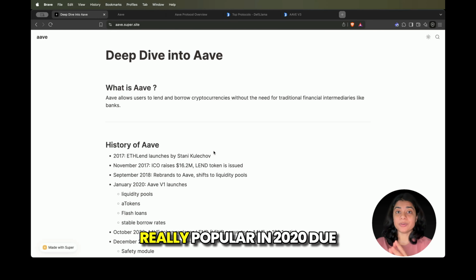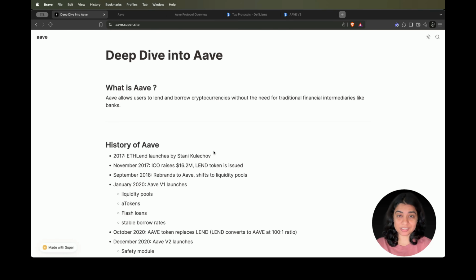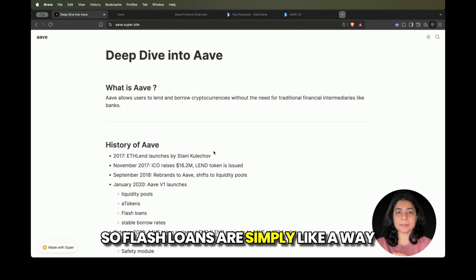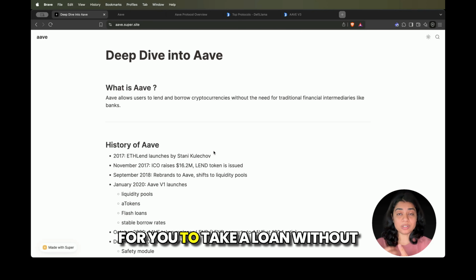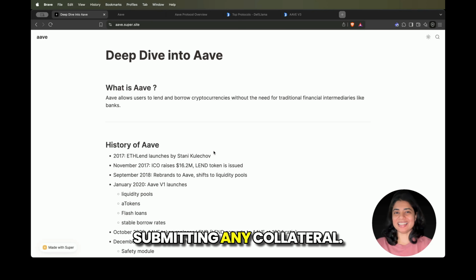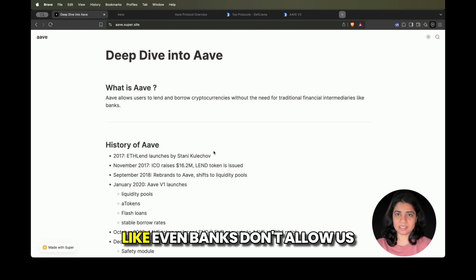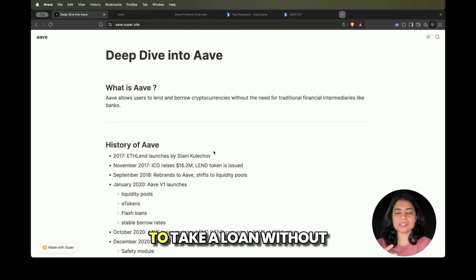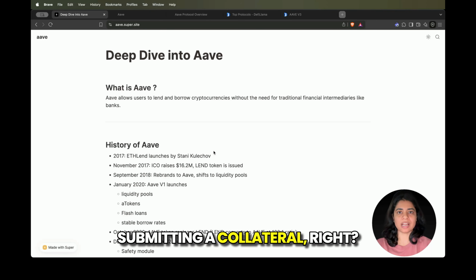Aave became really popular in 2020 due to the launch of flash loans. Flash loans are a way for you to take a loan without submitting any collateral. You might be thinking, how is that even possible? Even banks don't allow us to take a loan without collateral, right?